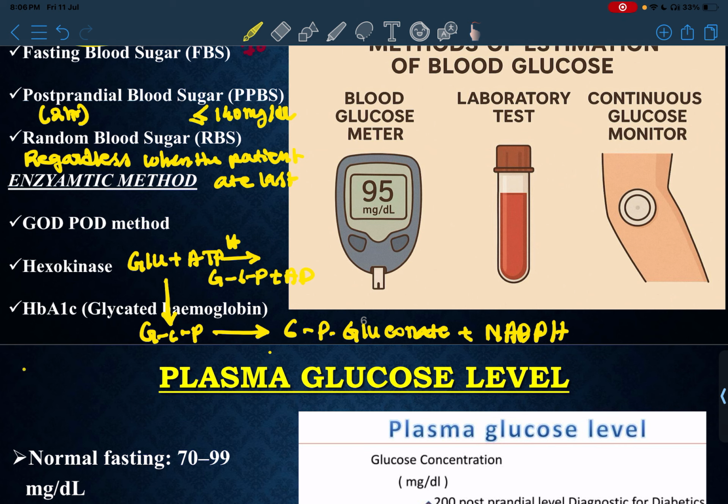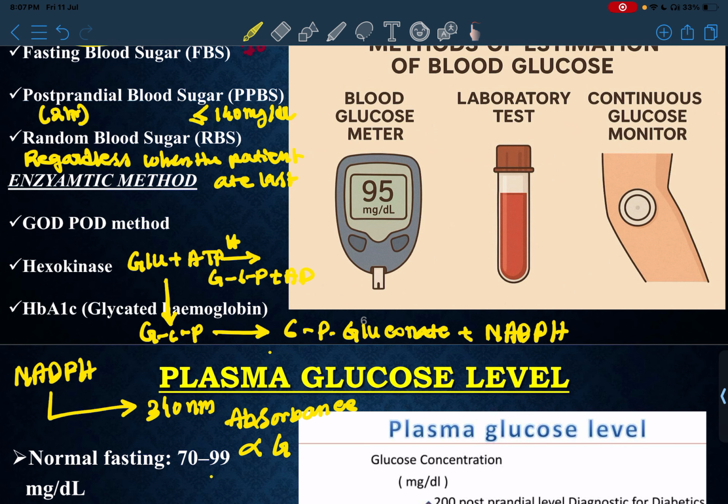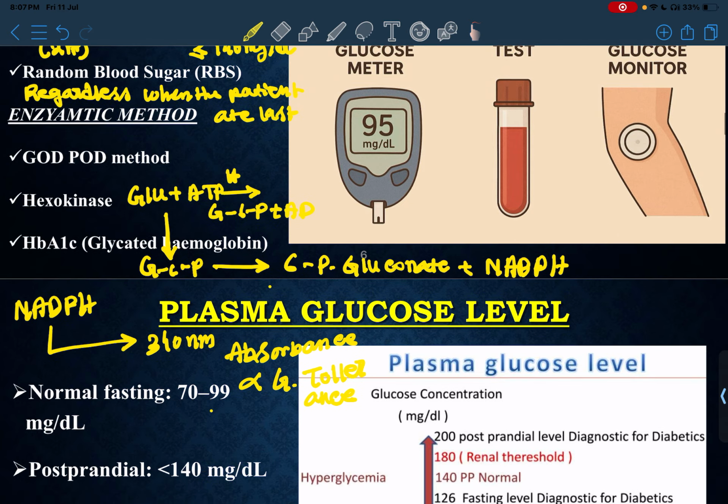This NADPH absorbs light at 340 nanometer. The absorbance is directly proportional to glucose concentration.